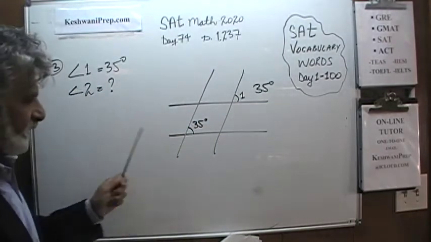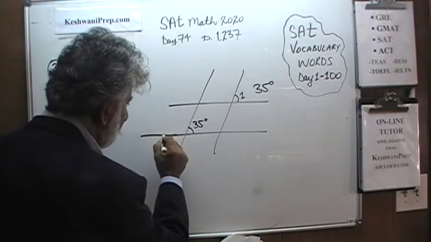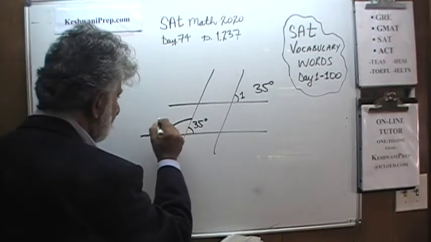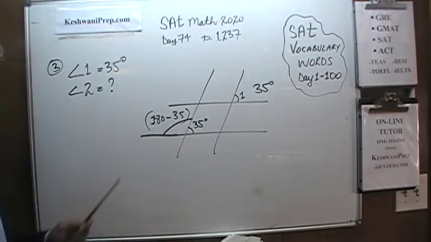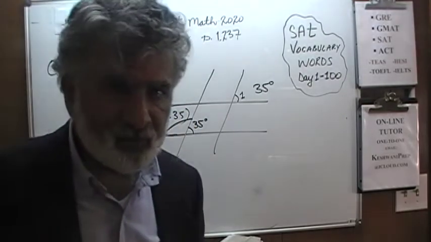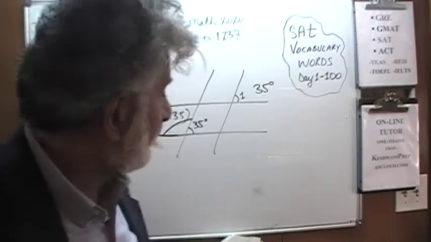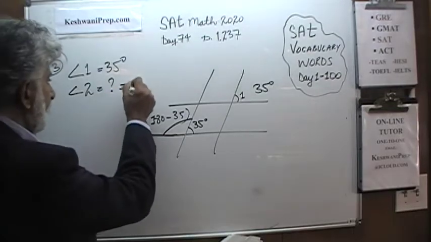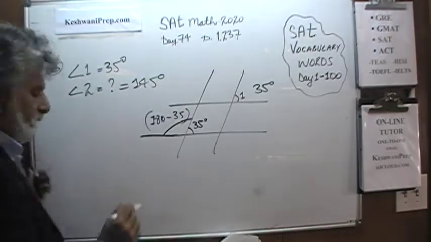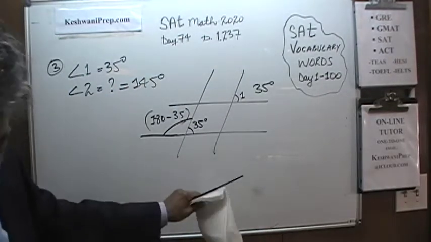If that angle is 35, then this angle is what we're looking for. This is what they're calling angle 2. This angle 2 must be 180 minus 35. 180 minus 40 would have been exactly 140. We're not subtracting 40, we're subtracting 35. So instead of 140, it's going to be 145. Number 4.